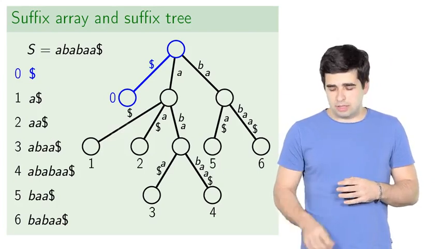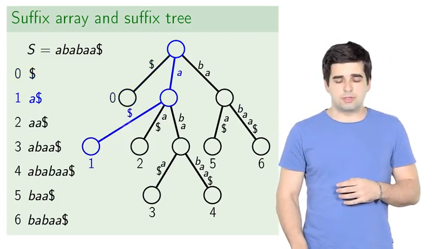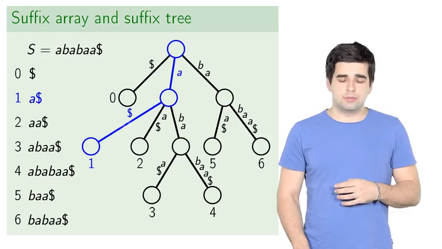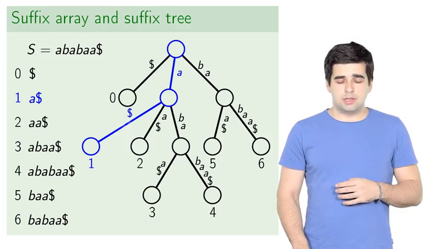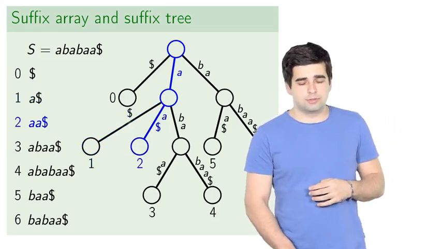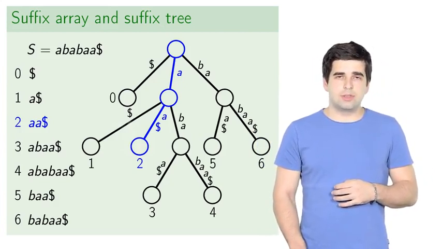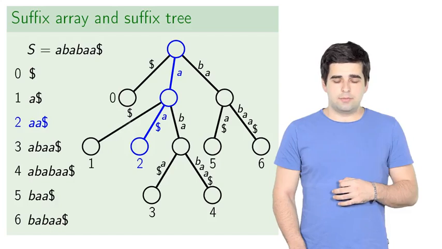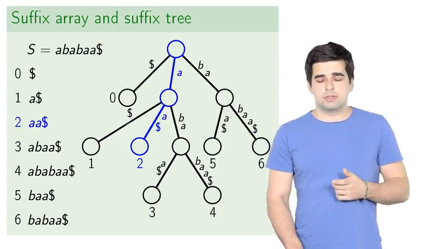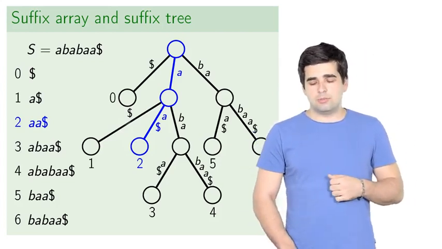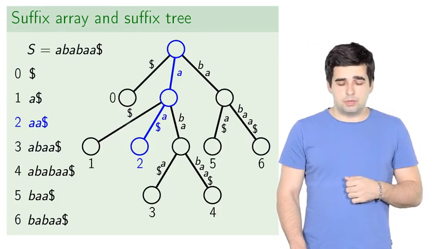And we initialize the array new class with an array of size n. First we assign class 0 to the smallest doubled cyclic shift, which is given by new order of 0. And then we go through all the doubled cyclic shifts from position 1 to n-1. We need to compare the doubled cyclic shift number i with the doubled cyclic shift number i-1. To do that, we first compute their starting positions. Cur is the starting position of the doubled cyclic shift number i, and prev is the position of the previous one.